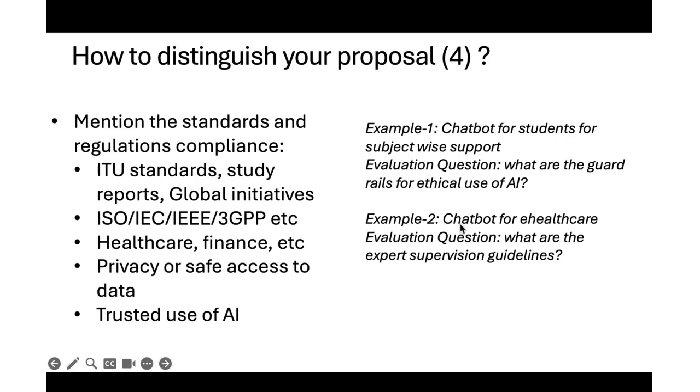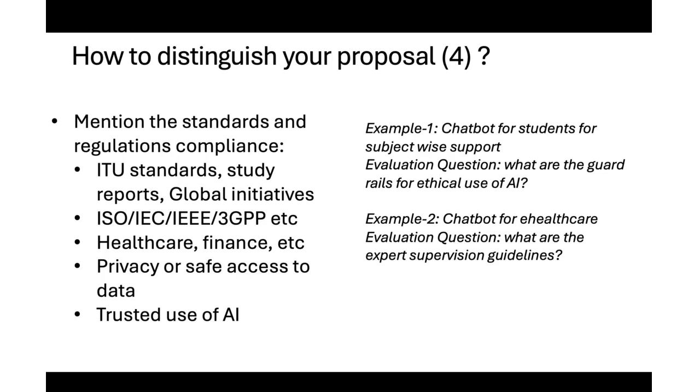There are two examples that I've taken from my experience. Firstly, if there are use cases such as chatbot for students, which gives subject-wise support, etc. Right? So in this case, an evaluation question that is used by judges potentially is, what are the guardrails for ethical use of AI?